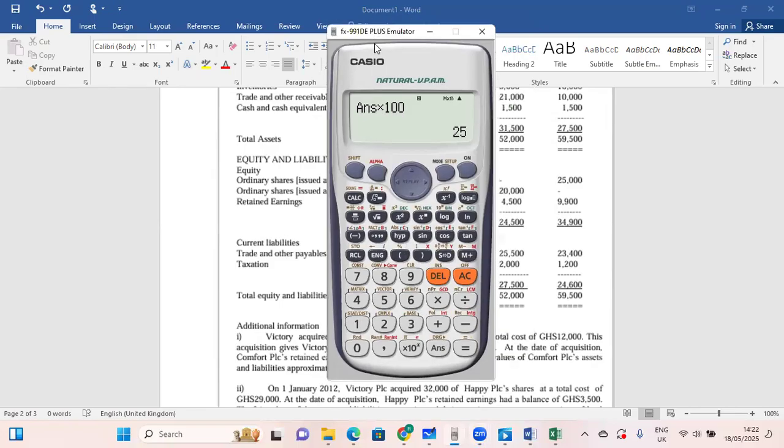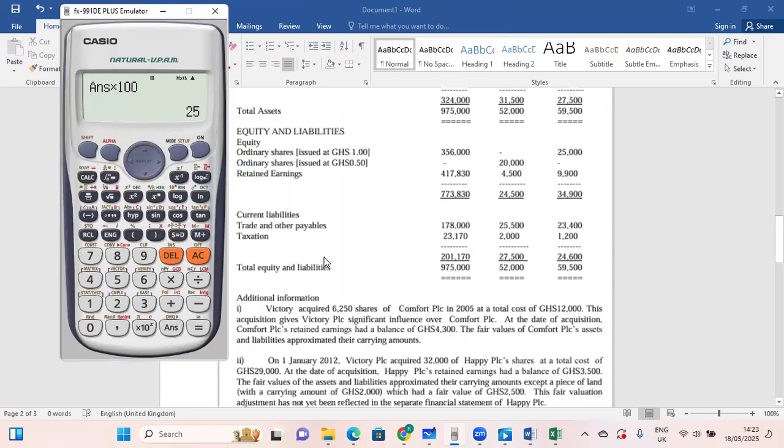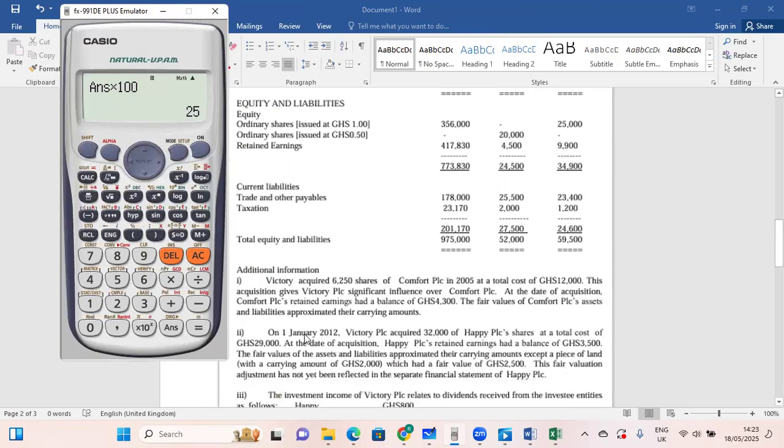It is more than 20%, so it will have a significant influence. If it was to be less than 20%, then it will just be like an investment, right? So now they say because of this, it has what? A significant influence over Comfort PLC.